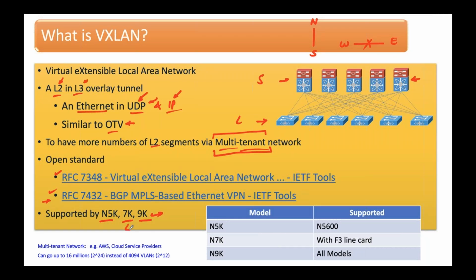When it comes to 7K, it becomes more choosy. If you are using 7K, then you need to have an F3 line card. And guys, we have discussed the evolution of line cards in our Nexus hardware section, right? So 9K, all the models. And when it comes to Nexus 5K, it is available only with Nexus 5600 switches, not available in the previous models, say 5500, etc.